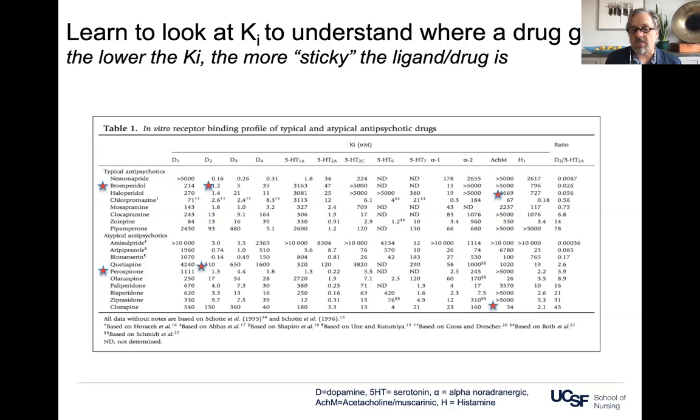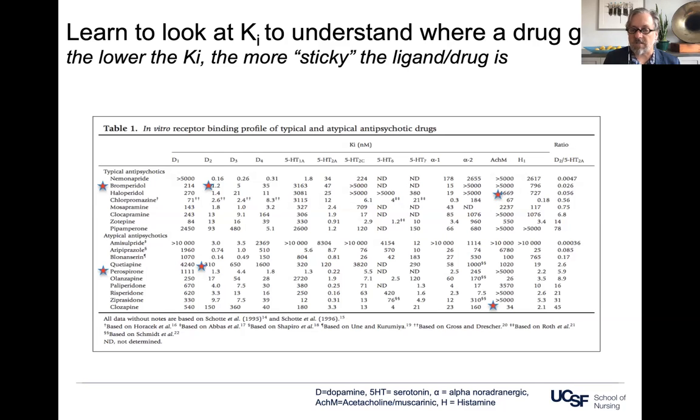Now, I mentioned we can use this to predict side effects. So let's take a look at the acetylcholine muscarinic receptor. That's what ACHM stands for. This is with regards to anticholinergic side effects. This time, let's compare haloperidol, which has very little anticholinergic side effects. In fact, it has so few that we usually give it with an anticholinergic, like Cogentin, but we'll get to that when we talk about antipsychotics.